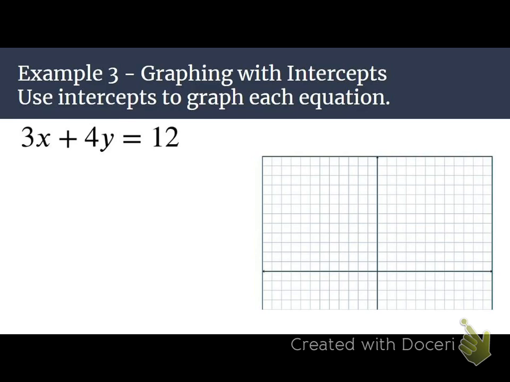So we are going to be finding 2 points. When it says to graph using intercepts, I would go ahead and set up a spot to write down your x-intercept and a spot to write down your y-intercept.